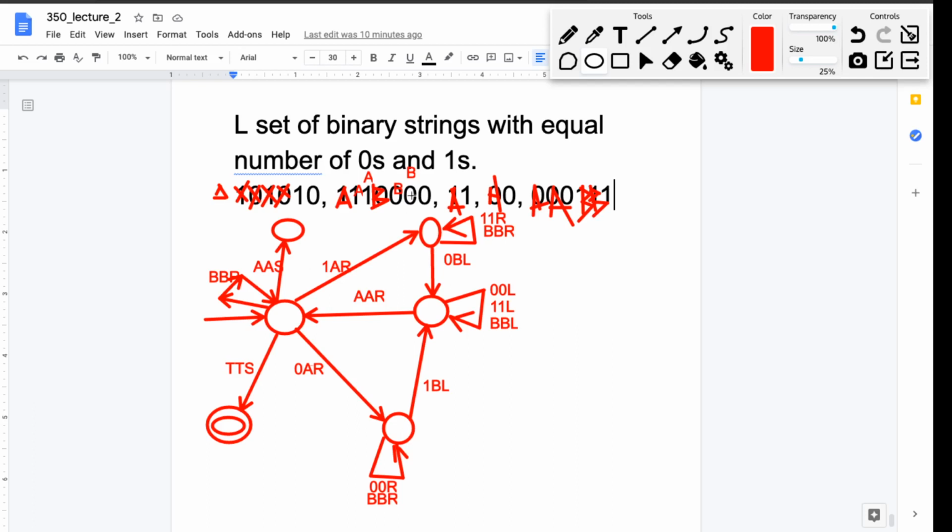So in this case, for example, how would I reject? I see A, I see B. I replace this one with A, this one with B, this one with A, this one with B, and then from this state the next symbol I see is 0. So I'll go over here, and if the next symbol I see is a triangle, then I reject. Perfect.